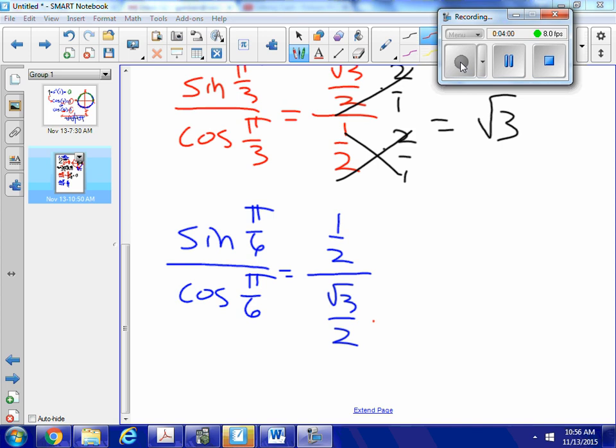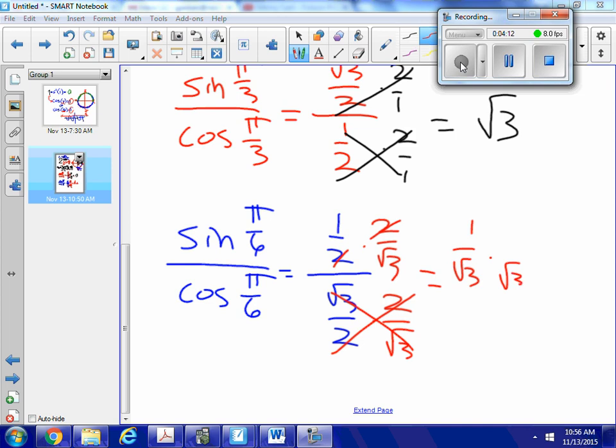So I'll get rid of my denominator, 2 over radical 3, 2 over radical 3. My 2's cancel out. I get 1 over radical 3, and I rationalize it by multiplying by radical 3 over radical 3, and I get radical 3 over 3, which is the answer that I was looking for.